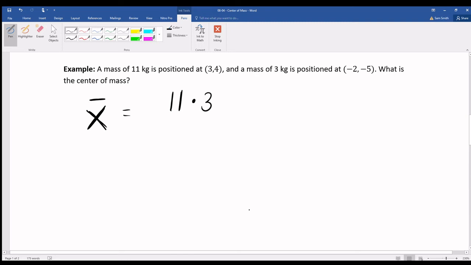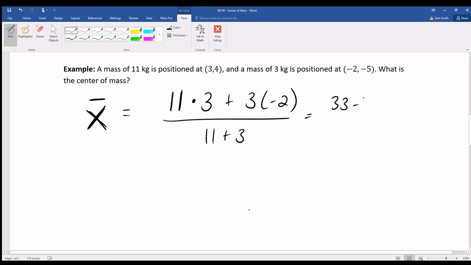And then go on and do the same process for the second object, its mass times its x-coordinate. Then divide that by the total mass of the system, 11 plus 3, 14 kilograms in total. So this gives us 33, take away 6 over 14. So this gives us 27 over 14, which is just a little bit less than 2.